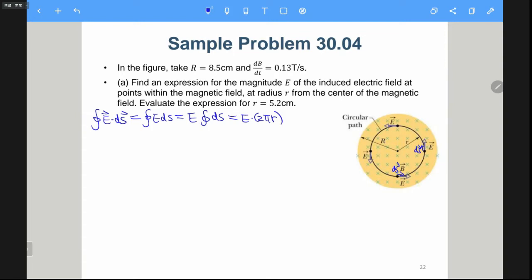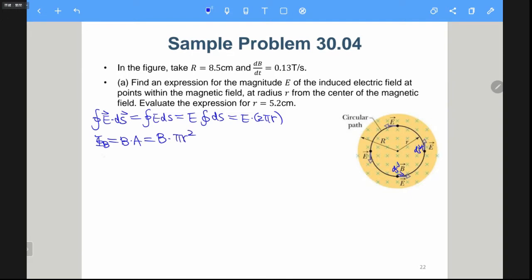Okay, so next, phi b. Phi b is B times A, because B is uniform over this region, so we don't need the integration. B times A is the area of the circle, which is pi r squared.